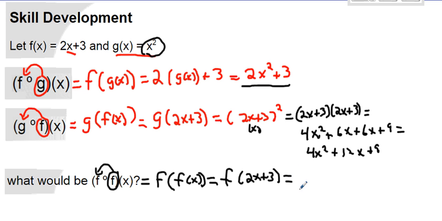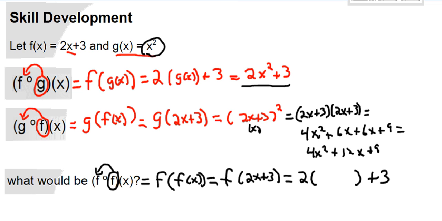Here we go. Okay, so I want to evaluate f at 2x plus 3. So I'm going to write, and this time I'm going to do my substitution in red. So my f of x function is 2x, but remember I'm replacing x. I'm going to give parentheses to write in my substitution, plus 3.